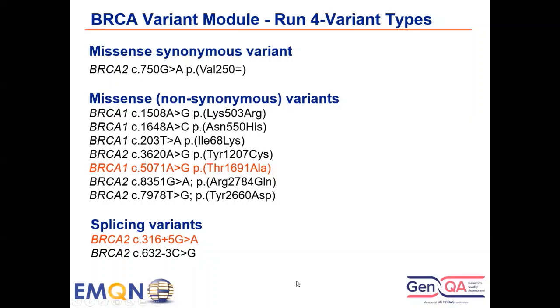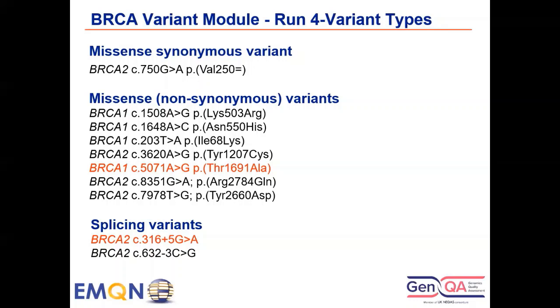Next is also BRCA1 c.203T>A, p.Ile68Lys. Next one is in BRCA2 c.3620A>G, p.Tyr1207Cys. Next one is a BRCA1 c.5071A>G, p.